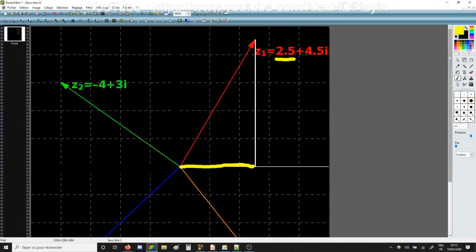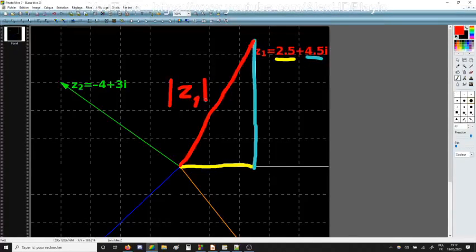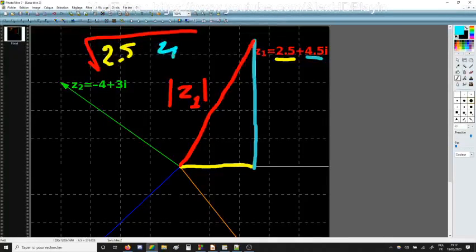And there it's 4.5. So here the norm is, notate this as such, and it's equal to this bit, 2.5, then this bit, 4.5, and then we square all of it and add them up.